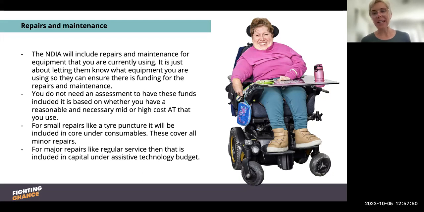You don't need an assessment, but you do need a quote to have the major repairs done. Small repairs are like a tire puncture, and that's covered under core. That will cover all of the minor repairs. And major repairs, like a regular service, will always be included in the capital budget under assistive technology.